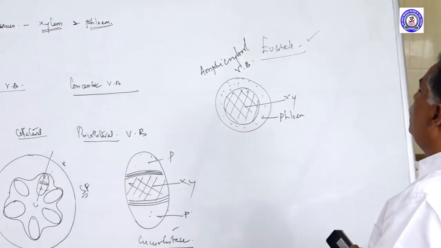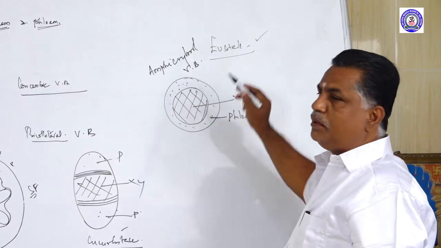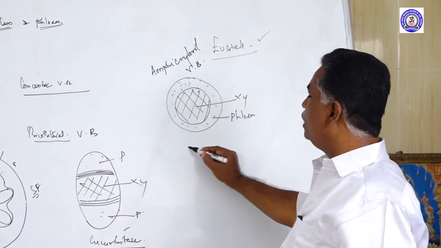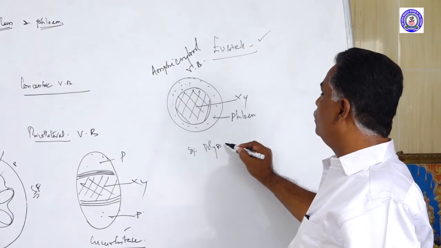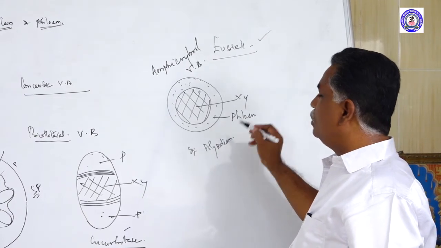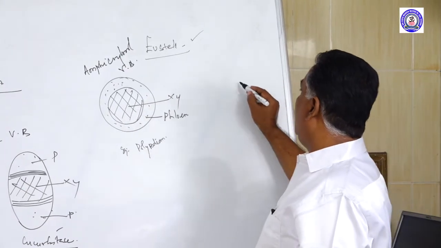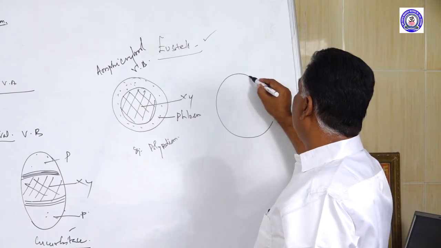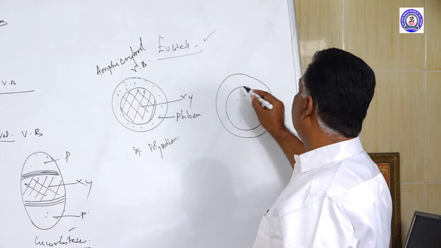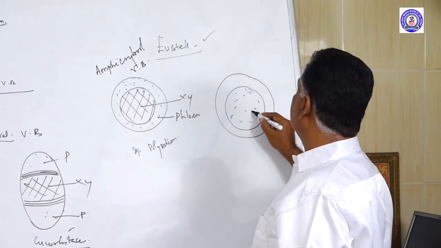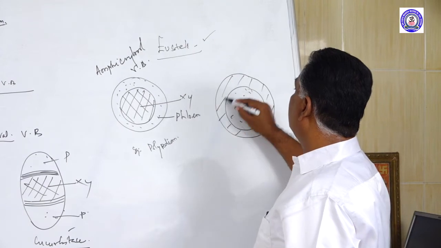An amphicribral vascular bundle is one where xylem is completely surrounded by phloem. The example is Polypodium, and you can also see many examples for this in the text. To the contrary, at the center is phloem, and that is surrounded by xylem.